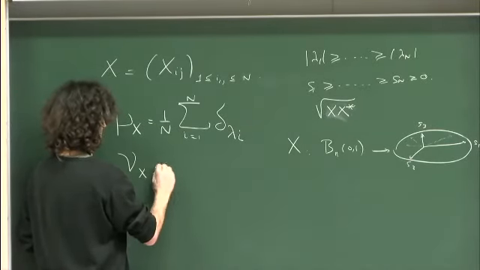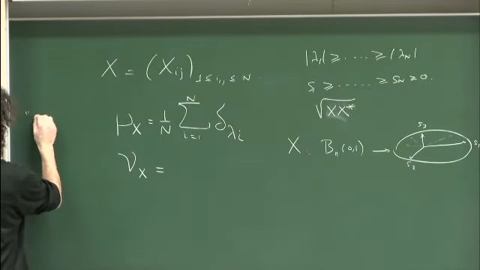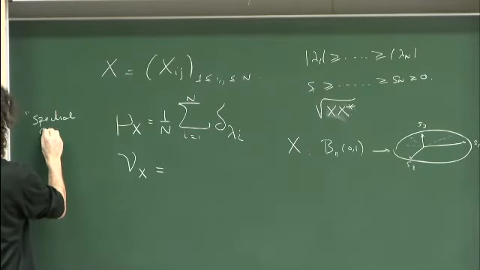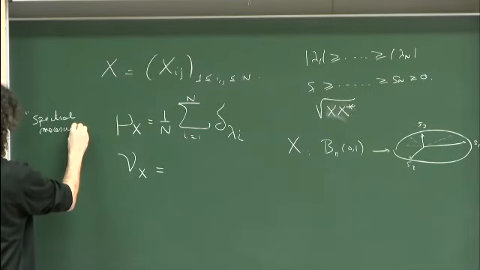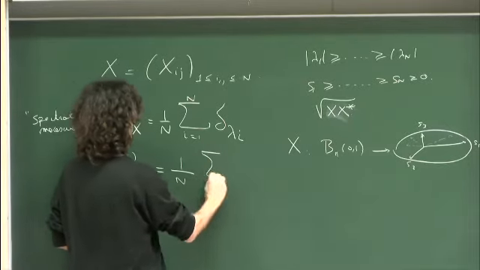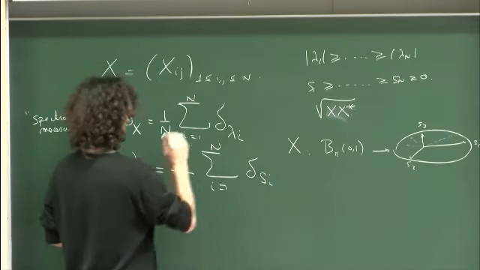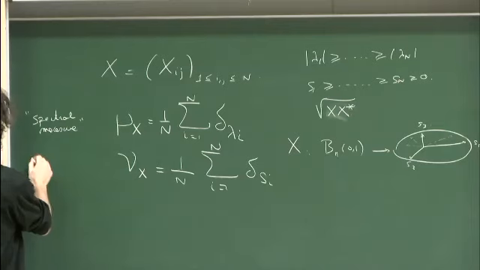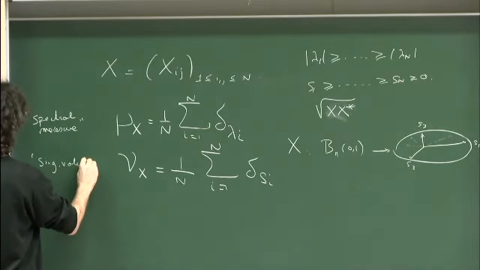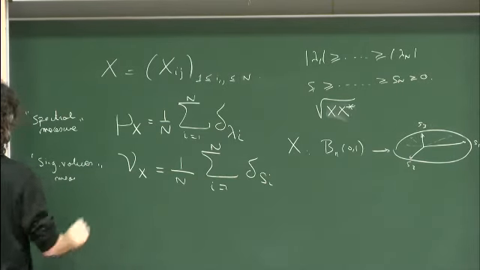I will call this the spectral measure, or the empirical spectral measure. And we can do the same with the singular values, and we'll call this the singular values measure.